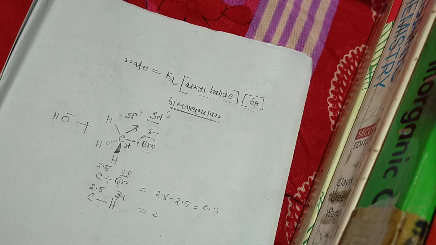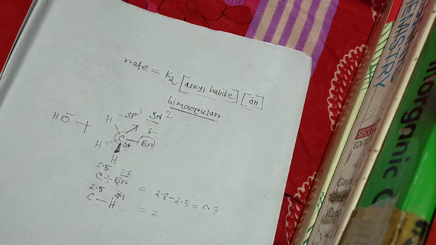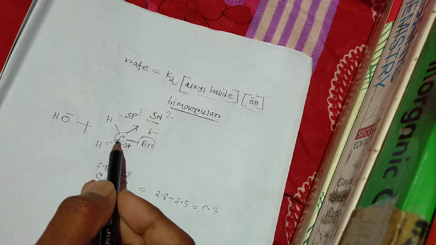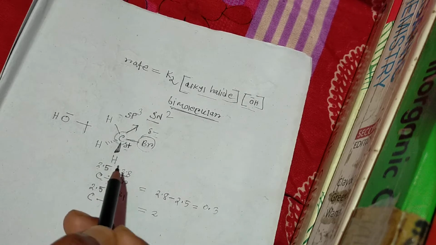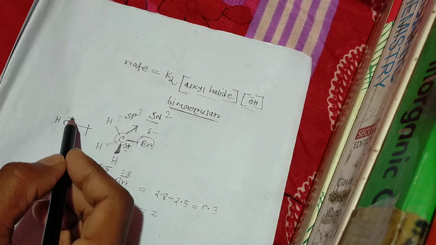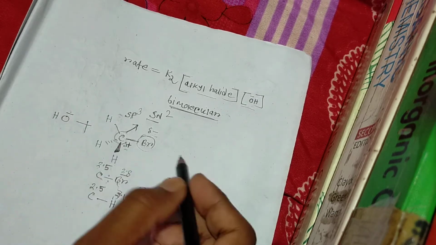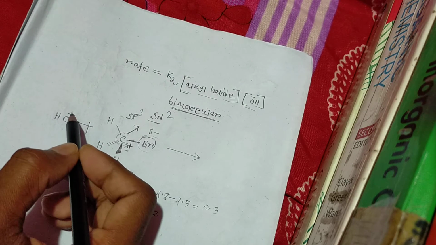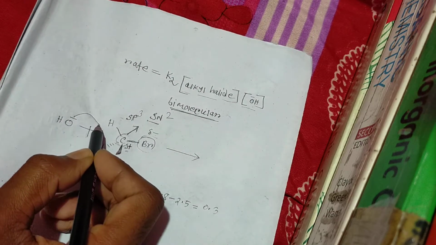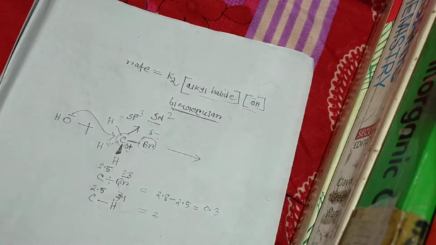Here electron deficiency occurs, so carbon is the electron deficient center. When OH minus acts as a nucleophile, it goes to the electron deficient center, that is carbon.